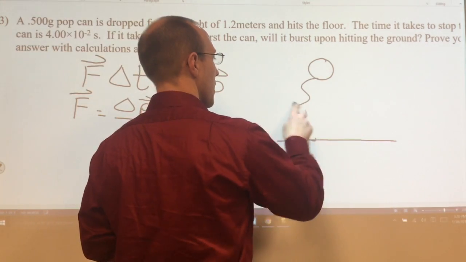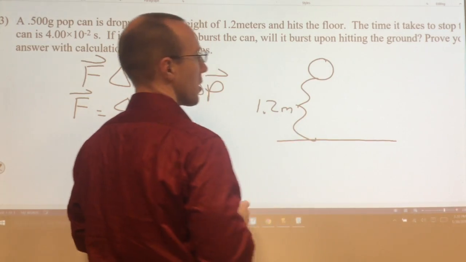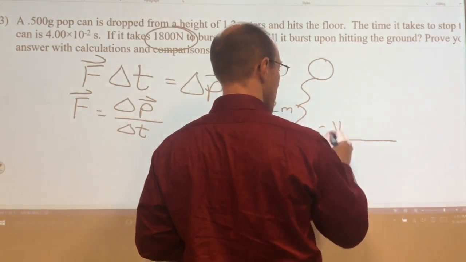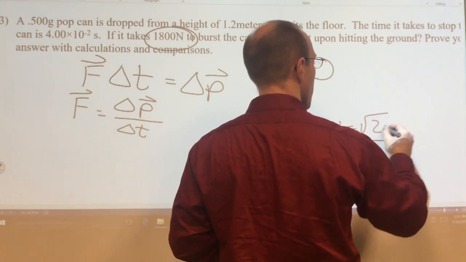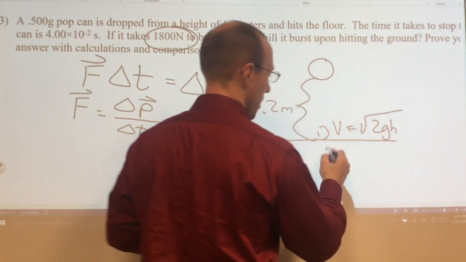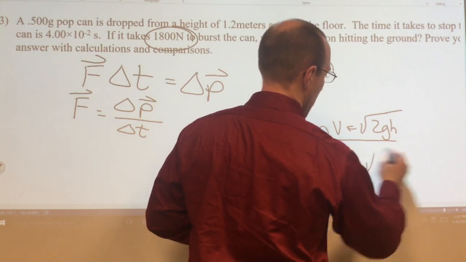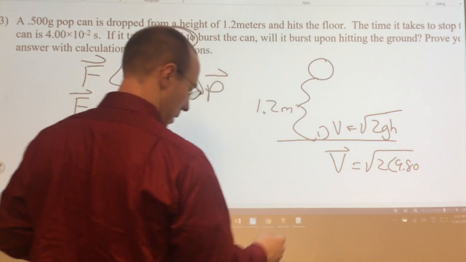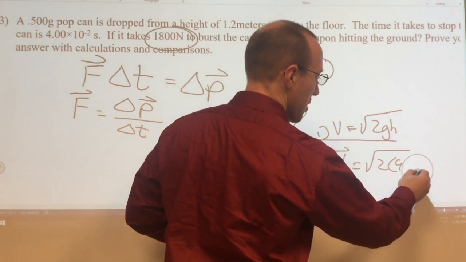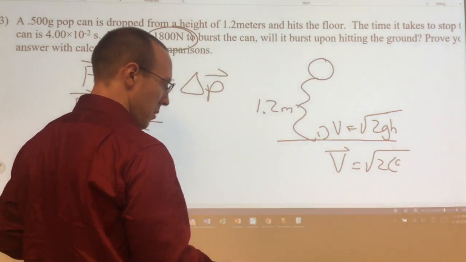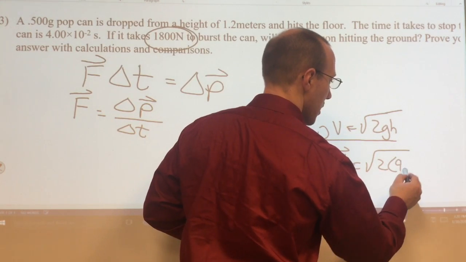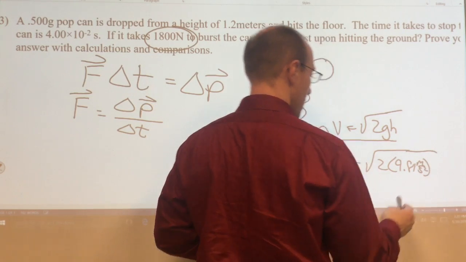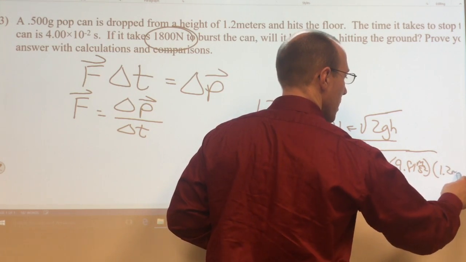So if our height is 1.2 meters, we can use the equation that we found, and I'm not going to derive it, but the velocity down here will be equal to the square root of 2gh. Square root of 2 times gravity. If you remember, I'm always used to using 9.80 for sea level, but here 9.81 meters per second squared times our height, which is 1.2 meters.